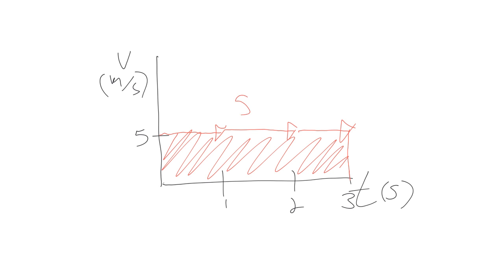I am multiplying 5 meters per second by 3 seconds, leaving me with 15 meters. When we integrate, we are essentially looking at the area underneath the curve. Now, this can be a little confusing, as I'll show you next.